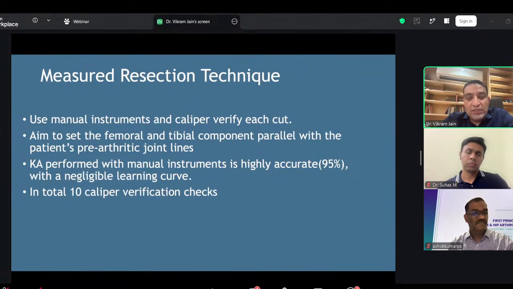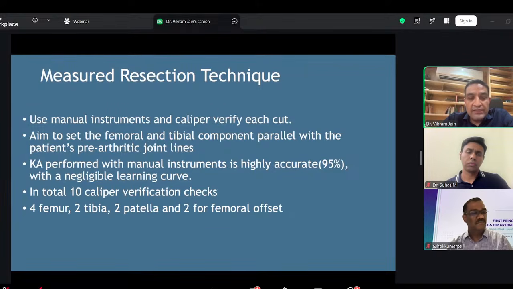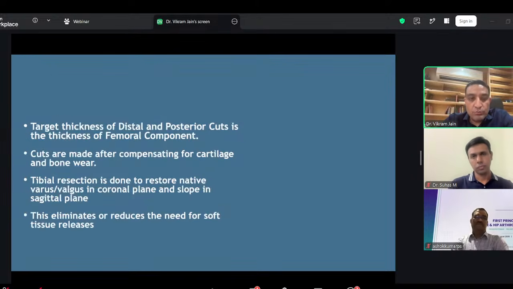And in total, you do 10 caliper verification checks. Four are in the femur: the medial and the lateral distal femur, the posteromedial and the posterolateral femur. 2 on the tibia, the medial and the lateral, 2 on the patella if you are replacing the patella, and 2 for the femoral offset if you are in the habit of measuring the femoral offset, 1 pre-op and 1 post-op.